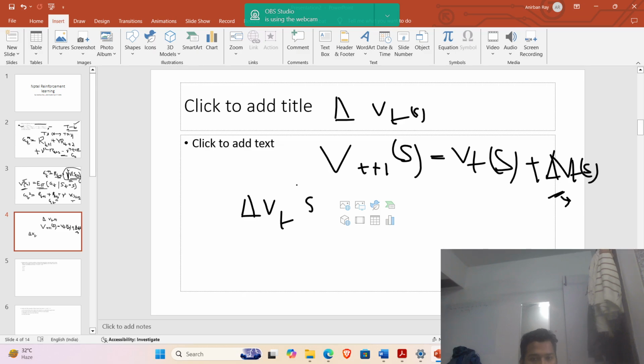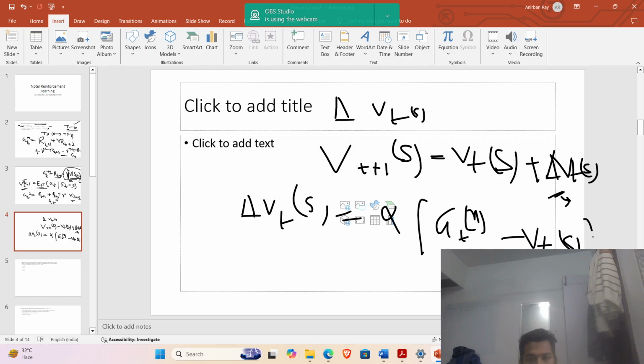Delta vts is here defined as alpha times gt, the return, gtn minus vts. So what is the point here? The return at that point, at t, and the value function at that point denote the error that we have. When you're estimating the return, that's the accurate one.